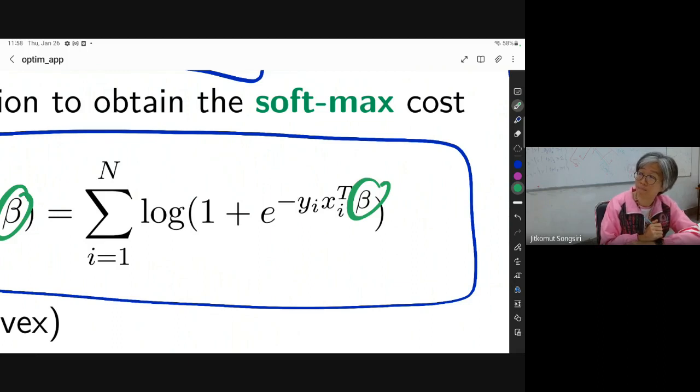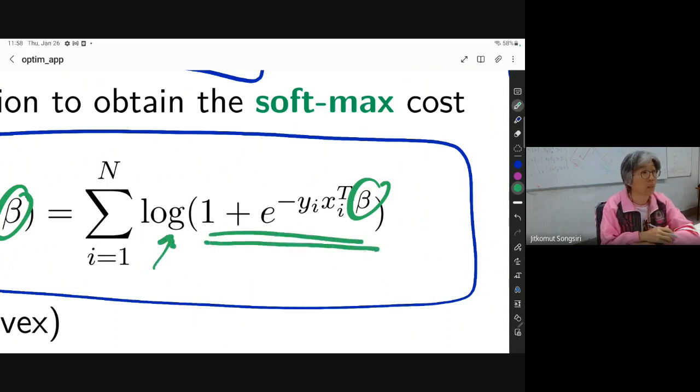Of course, it's an unconstrained problem. Even though this is a log, the argument inside is guaranteed to be positive. So unconstrained. Now, is it convex or not?